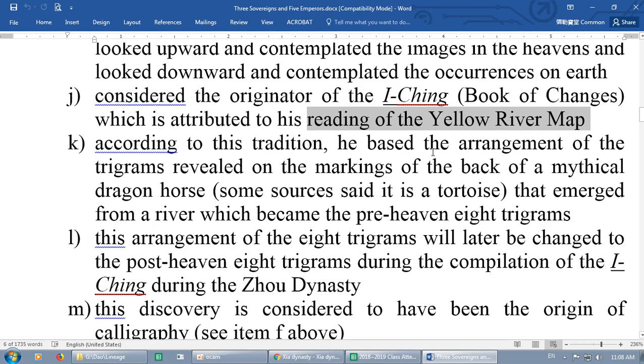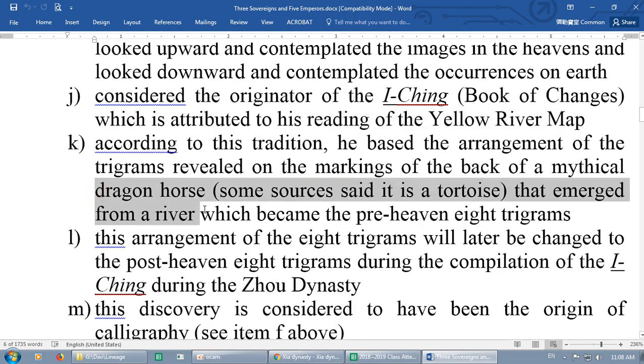Supposedly it has some diagrams, and according to this tradition, he saw certain, I don't know if they're geometric symbols, on the back of some animal that came out of this river. Supposedly it was a mythical dragon horse. Some say it was a tortoise that emerged. So from those markings, he got the idea of using the 8 trigrams to represent them. Oh, that's a big leap, all right.